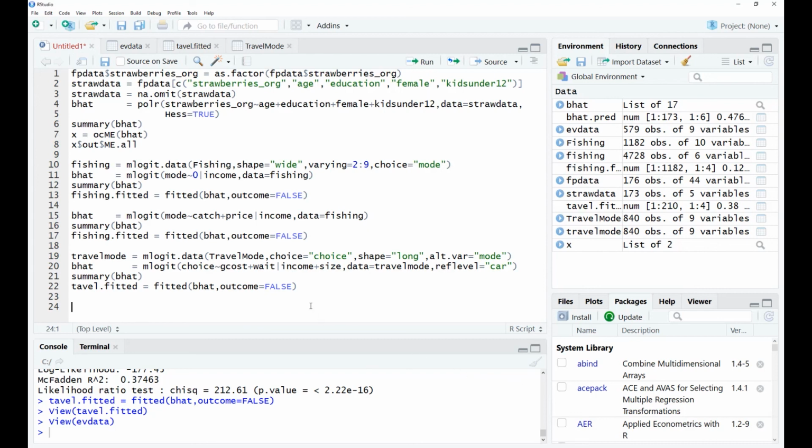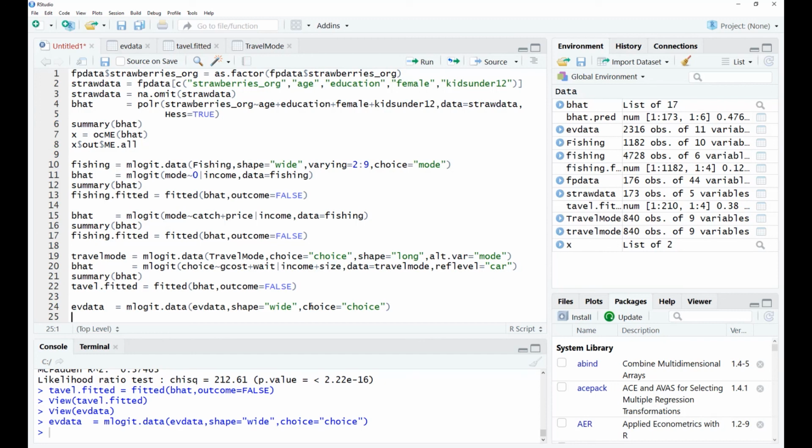So again, we have to let R know how the data looks. Let's just call it EV data equals mlogit.data(EV data, shape = "wide", choice = "choice").